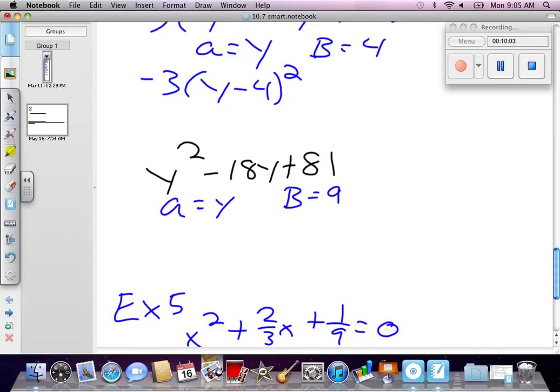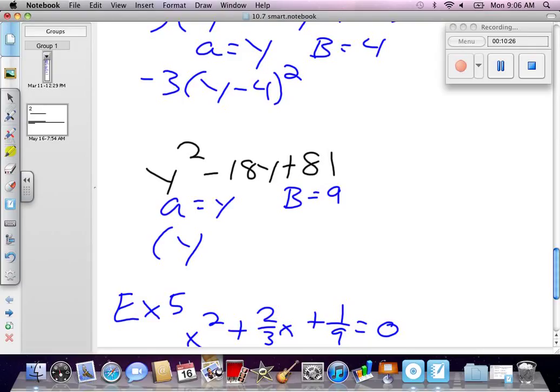The first, the second, or the third? The third is the negative. So I've got my A and B. So what do I write? A, then what? Is it a plus or a minus? No, the other side of it.